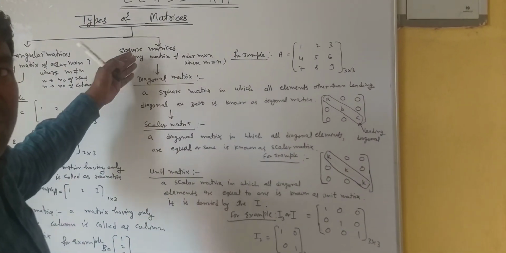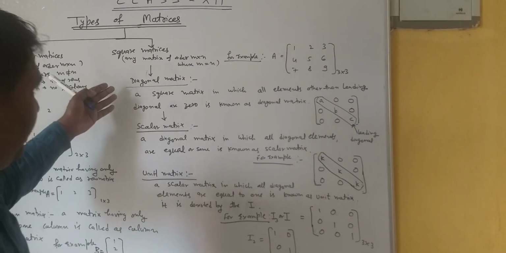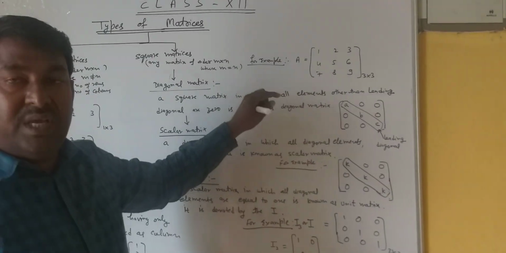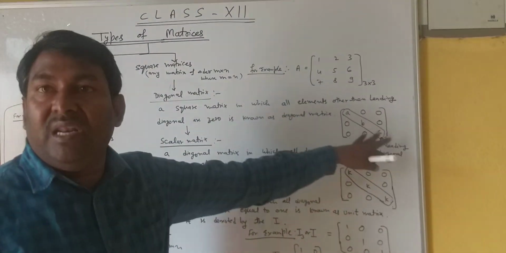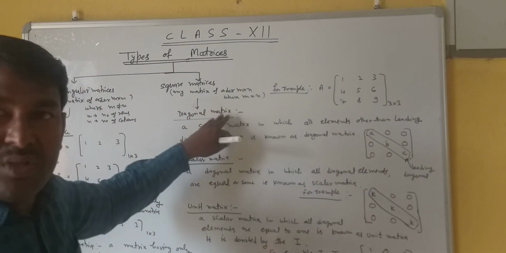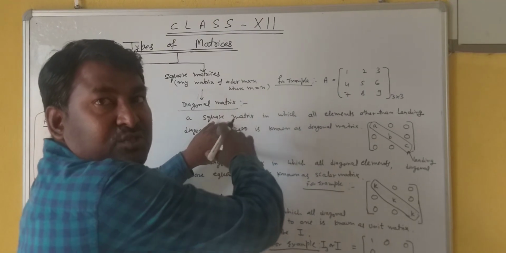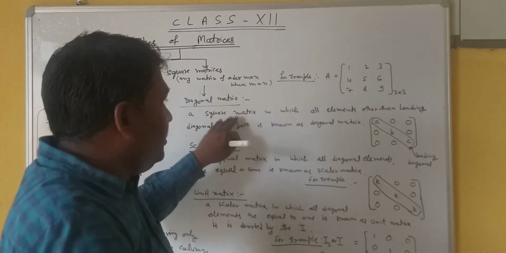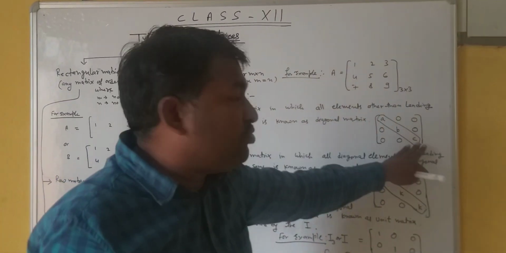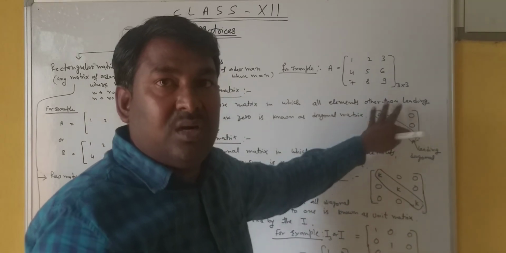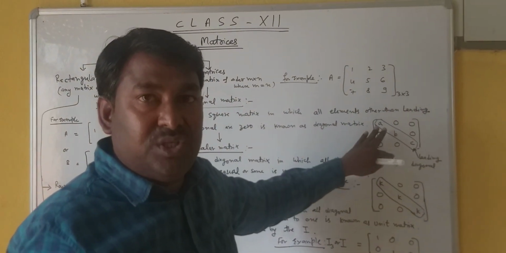A square matrix can further be classified on the basis of the values of its elements. See, the diagonal matrix. A diagonal matrix is also a square matrix, but here except for the leading diagonal elements, all other elements must be 0.